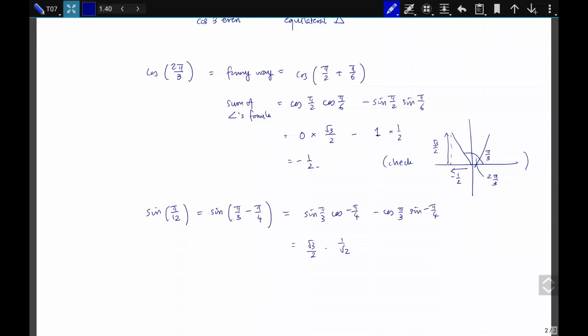Cosine is even, so the cos of minus pi by 4 is cos of pi by 4. But sine is odd, so I get minus 1 over root 2 there.